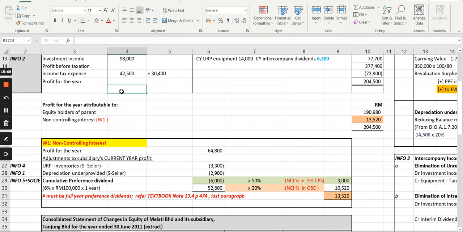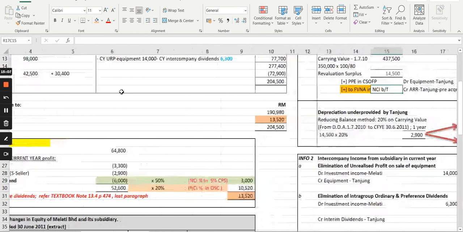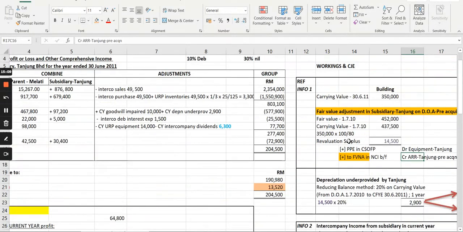The other comprehensive income that you have in information number 1 is the revaluation surplus, which are pre-acquisition reserve. So pre-acquisition reserve, those reserves will not be shared by the parent company.